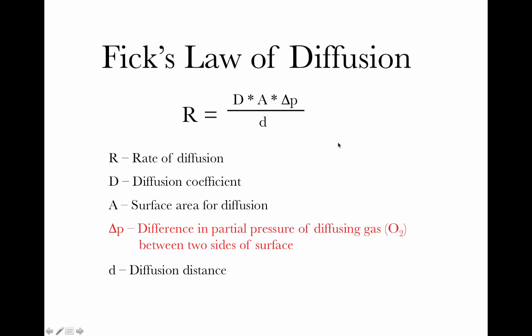So this is your introduction to Fick's law of diffusion, all of these factors that are going to contribute to effective diffusion between two surfaces. We've seen the ways that the surface area for diffusion is maximized by these different elaborations of the gills and the lungs. We've seen that when you come to an actual diffusion surface, such as the secondary gill lamellae or these little alveoli in the alveolar lung, we've got a very, very small diffusion distance.